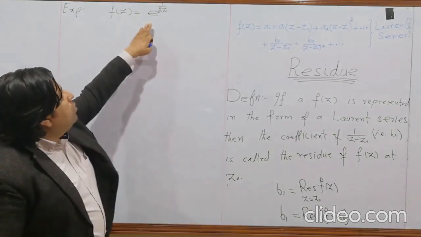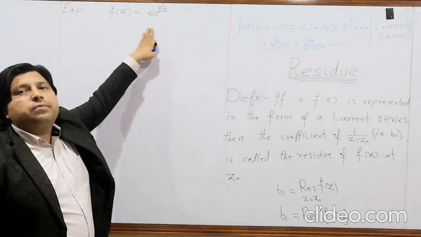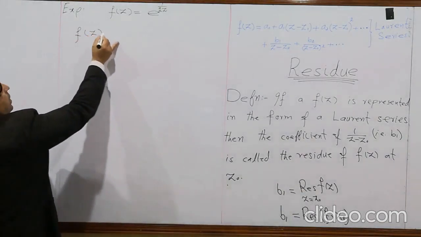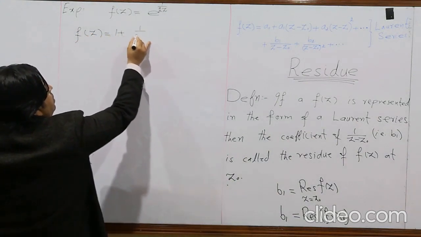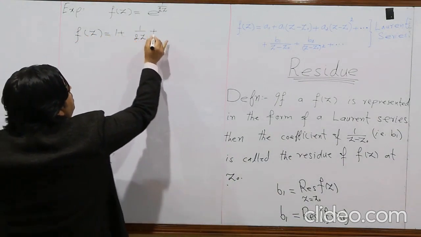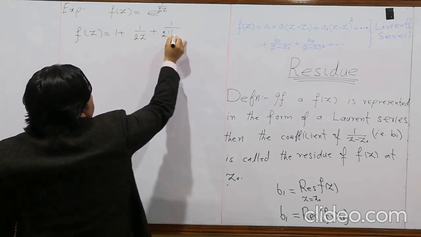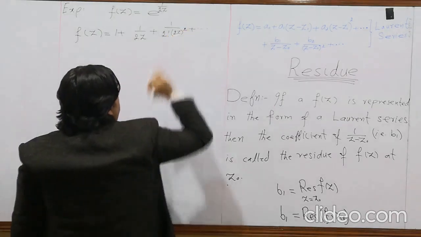First of all, we have to represent this function into the Laurent series form. Let us do that. f of z is equal to 1 plus 1 over 2z plus 1 over 2 factorial into 2z square and plus up to so on.